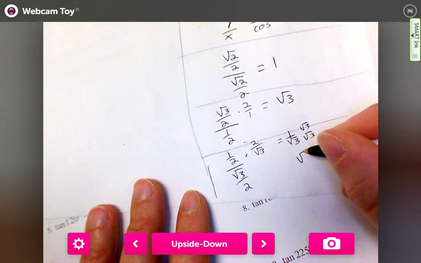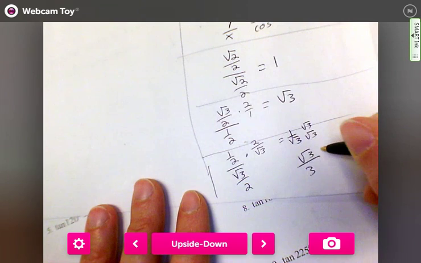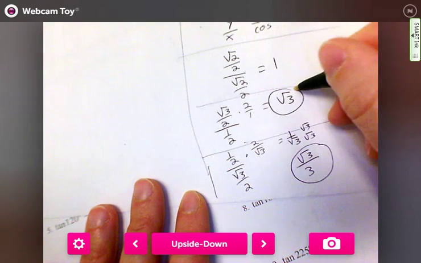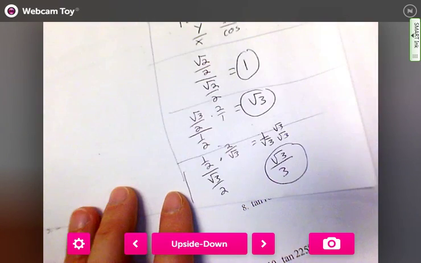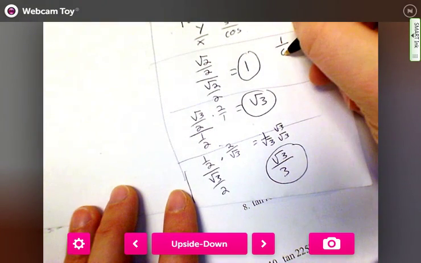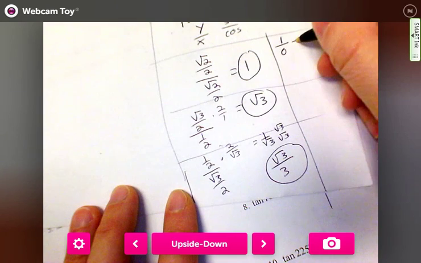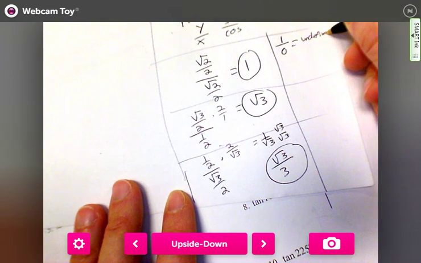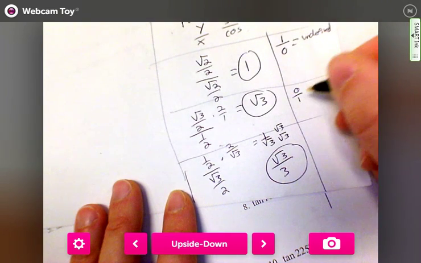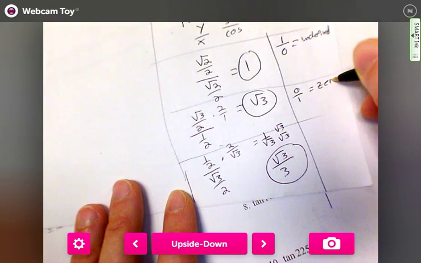And we get square root 3 over 3 as our answer. So there are 3 possibilities. Oh, and if you get 1 over 0, you get what? Undefined. But if you get 0 over 1, that's 0. So those are our possibilities.